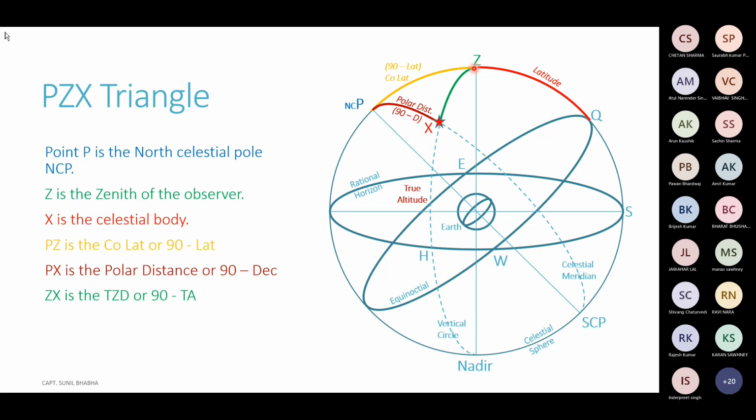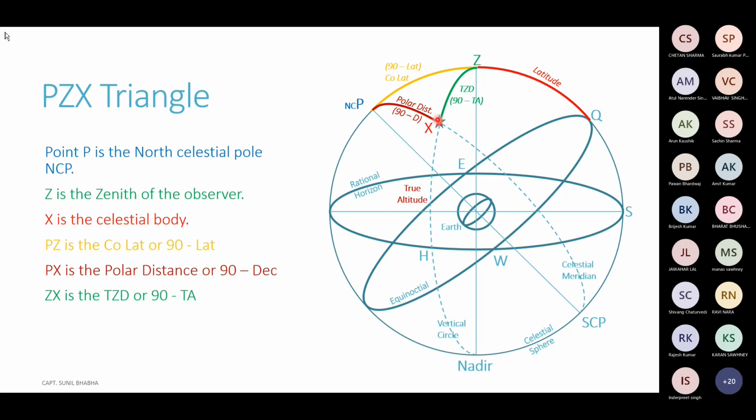I have highlighted this side in green color. Let's label it as the true zenith distance, TZD, and it is equal to 90 minus true altitude. So 90 minus true altitude, the side is the TZD, and it is represented as the ZX side of the PZX triangle.